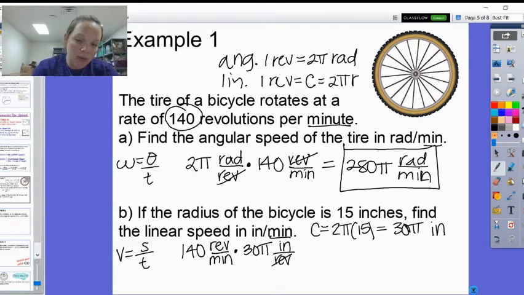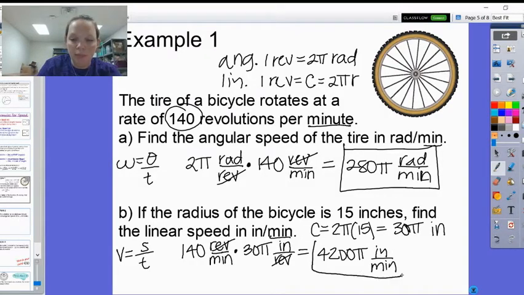Cancel your revolutions. 140 times 30 pi is 4,200 pi, and that is in inches per minute, which is what the problem calls for. So there you go.